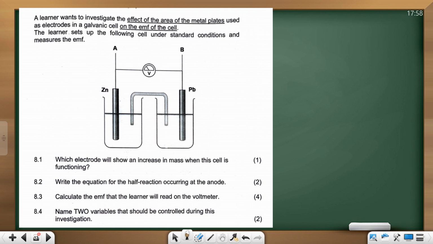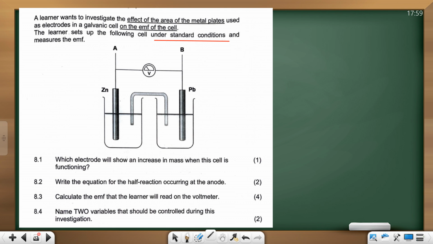I want to tell you about how EMF changes, the things that will affect your EMF, because it's Le Chatelier's principle. The learner sets up the following, under standard conditions.